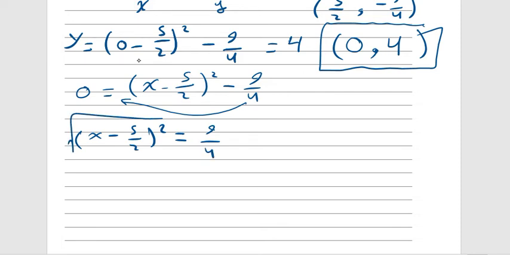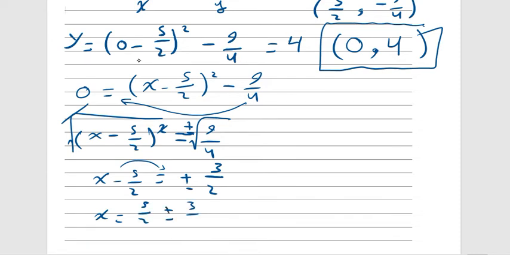Take the square root, and don't forget positive or negative. Cancel power 2 with the root, so x minus 5 over 2 equals positive or negative 3 over 2. And then x equals, moving this part to the other side, 5 over 2 plus or minus 3 over 2.